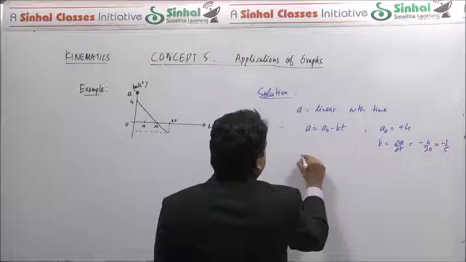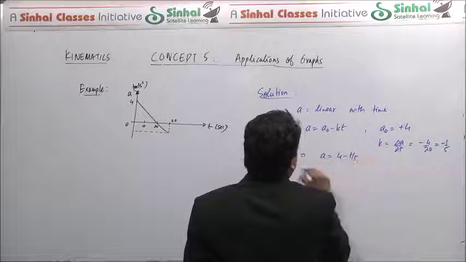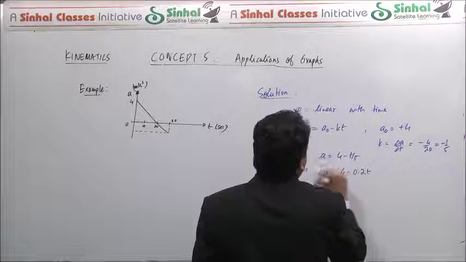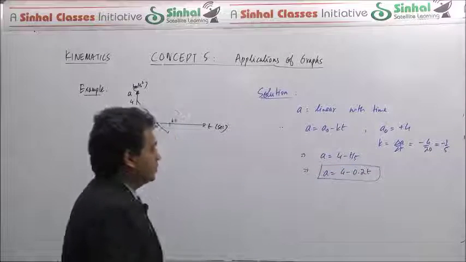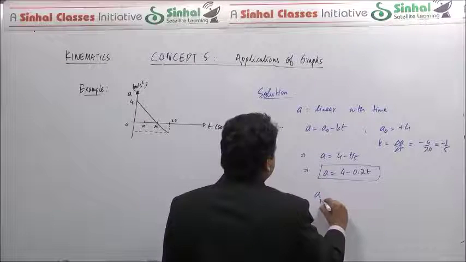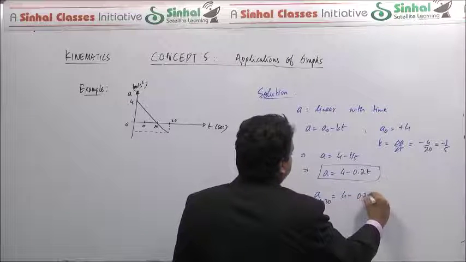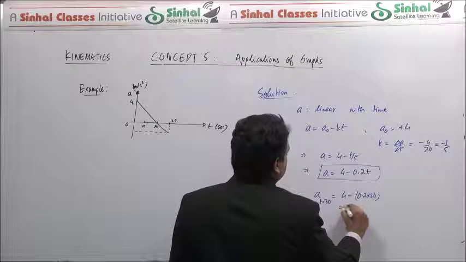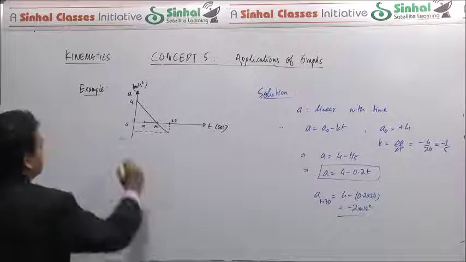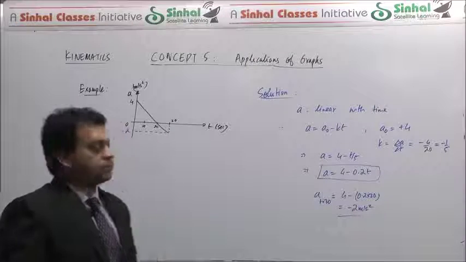So the acceleration is 4 minus t by 5, or 4 minus 0.2t. From this, the acceleration at t equal to 30 seconds becomes 4 minus 0.2 into 30, so that is -2 meters per second squared. This acceleration is negative. So that takes care of the third part of the problem.